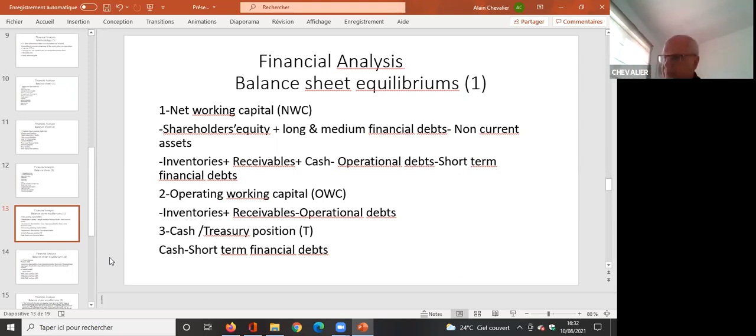And you understand that if you finance at least part of your inventory and receivables with financial resources with maturity more than 1 year, you are in a safer position than if you finance this inventory and receivables with financial resources with 30 days maturity.